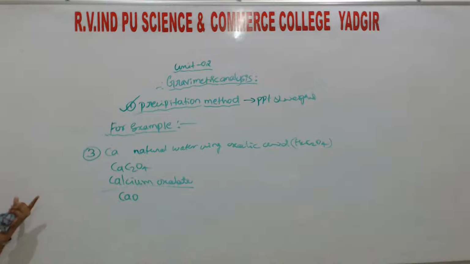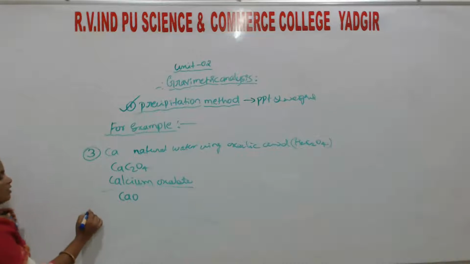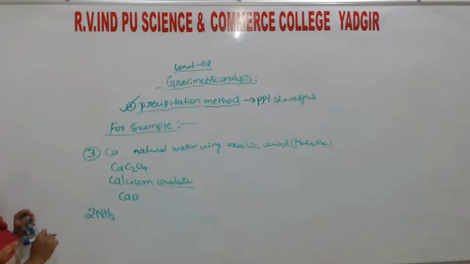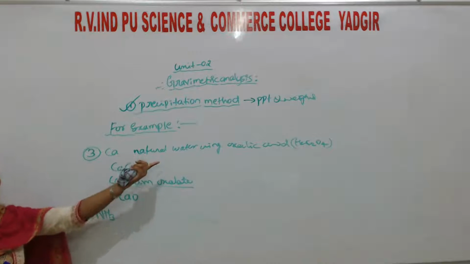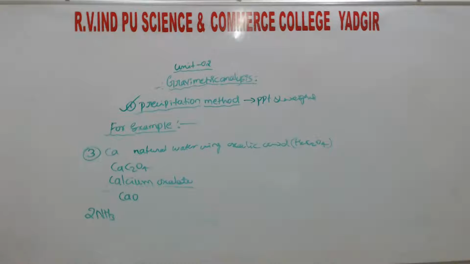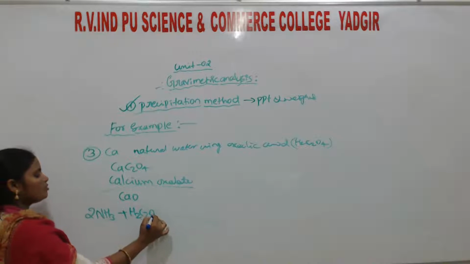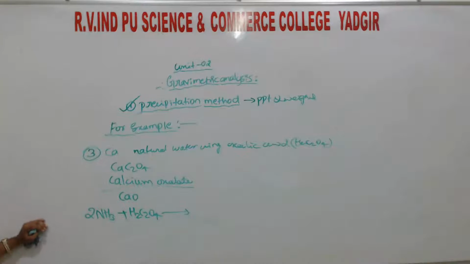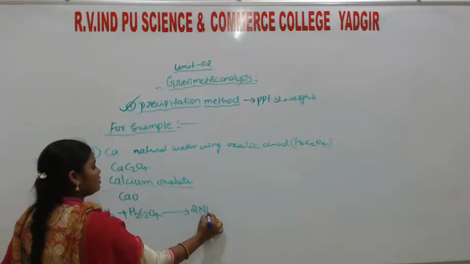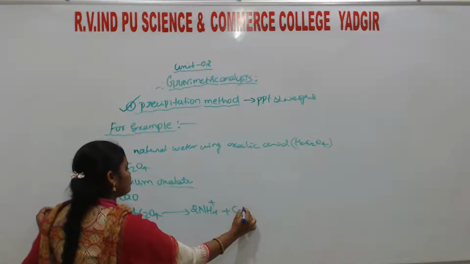The calcium is in natural water, and I will write the reaction here. 2NH3 plus oxalic acid, H2C2O4, forms the ammonium ion, 2NH4 plus, and the oxalate ion, C2O4 2 minus.